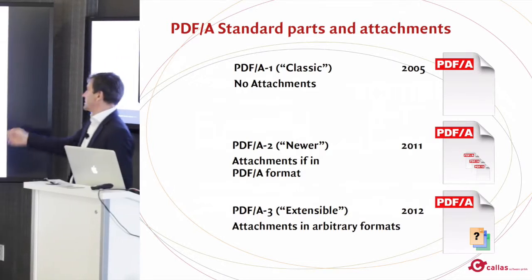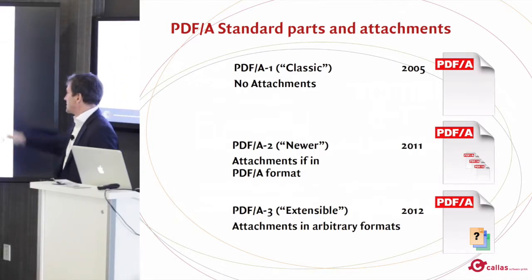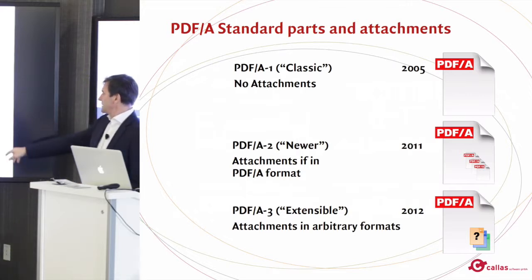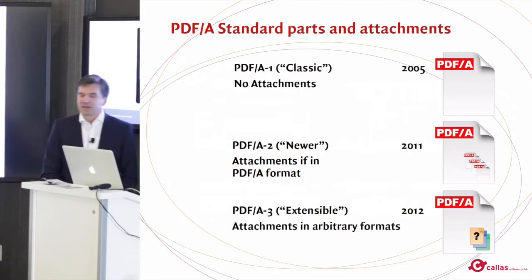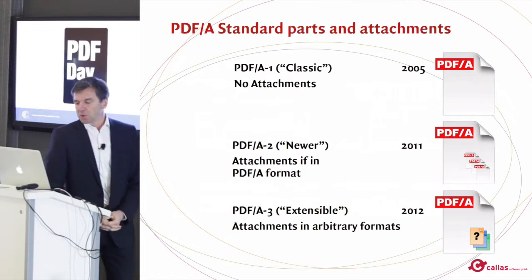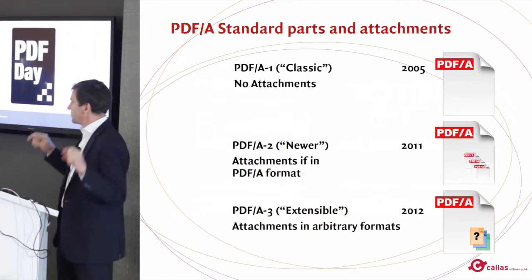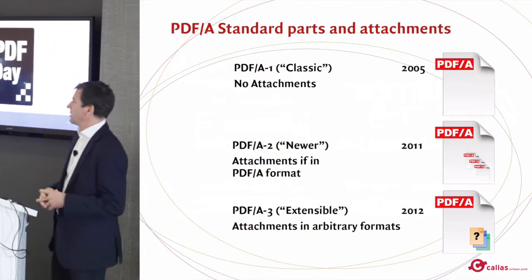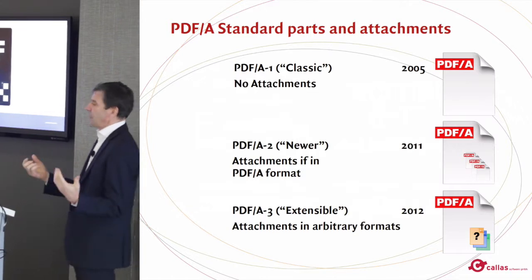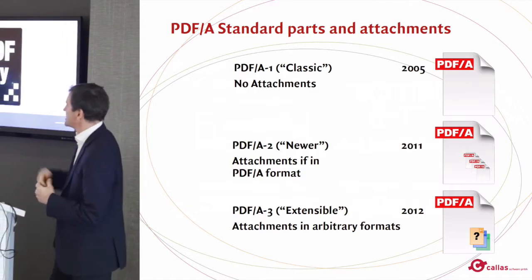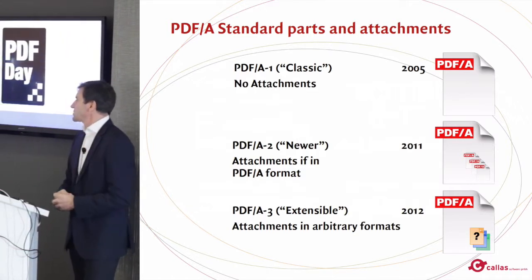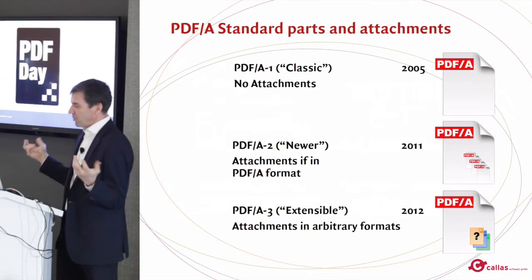Now in this case, not just PDF A files may be embedded, but arbitrary file formats may be embedded into, if you want, a PDF A container. So I have a PDF A container like an email with a couple of attachments, and here I have a PDF A-3 container with a couple of attachments.